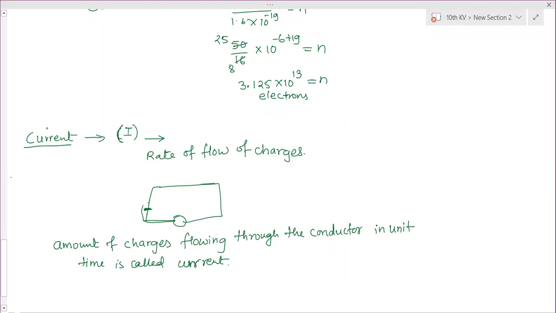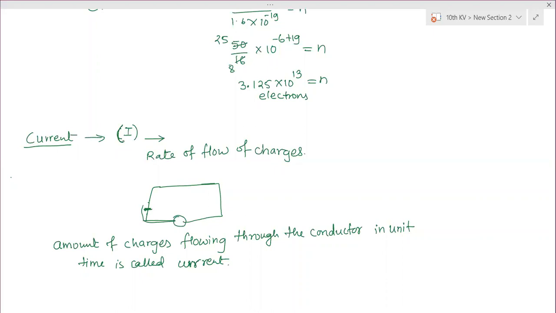And the current terminology is very, very important for further topics. If this quantity is known, only then will we get to know which appliance we can connect in that circuit. What is the safety measure, how to design that particular electrical device, where to insert it, and how much quantity it can carry easily.